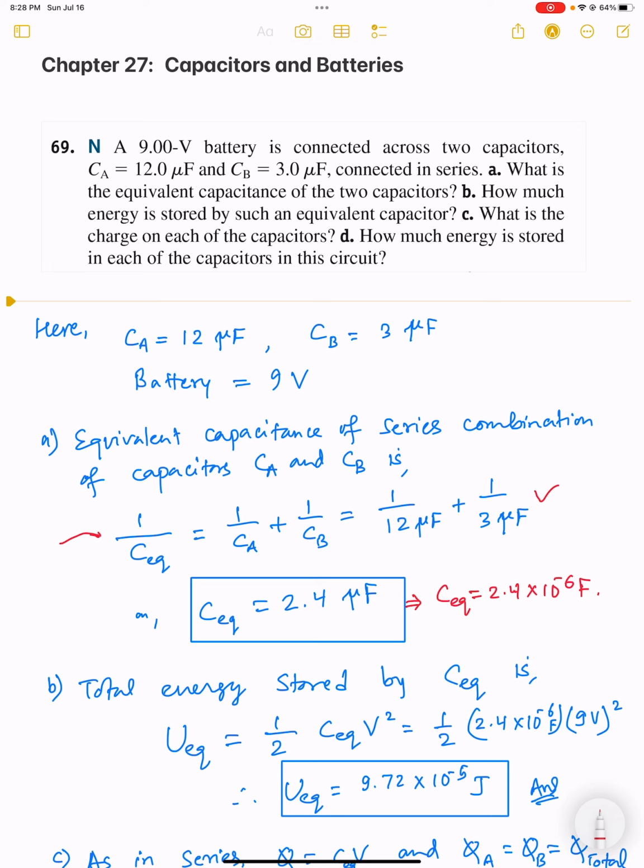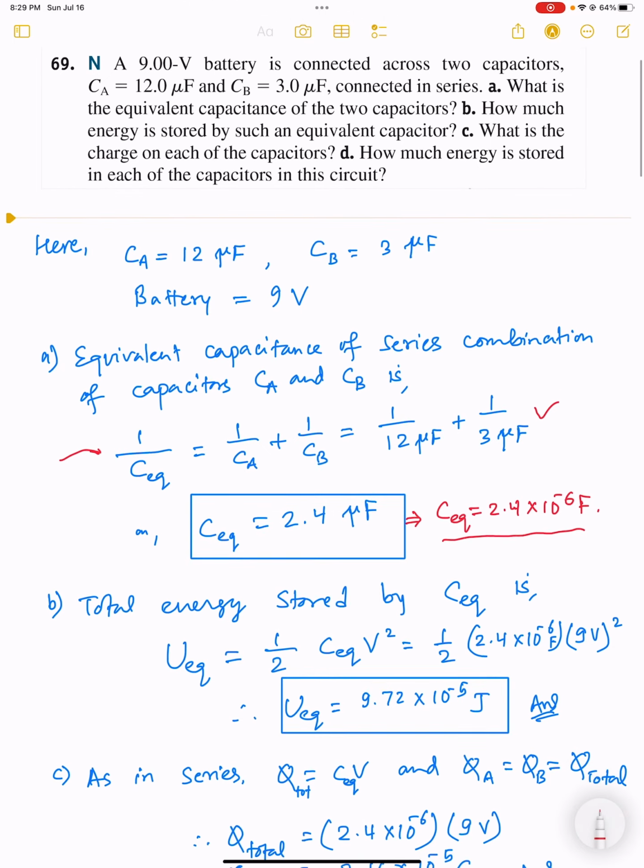Whenever you do the simple calculation, you will get 2.4 microfarad, that is 2.4 times 10 to the power minus 6 farad. So this is the equivalent capacitance of the series combination, and this completes part A.